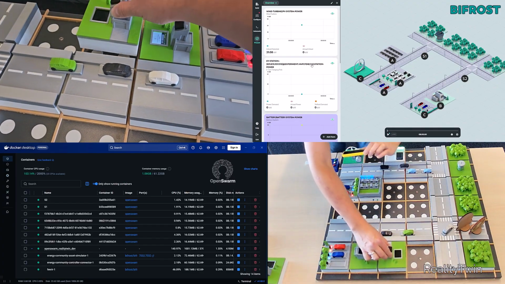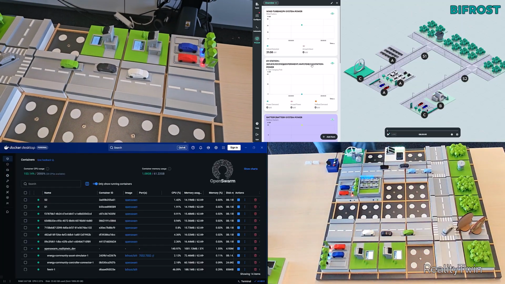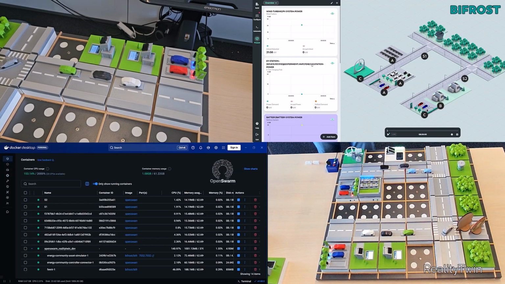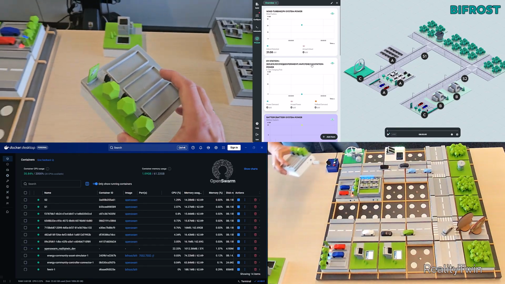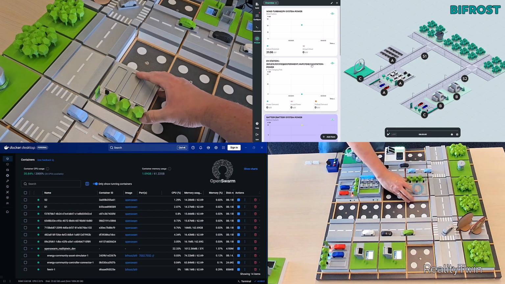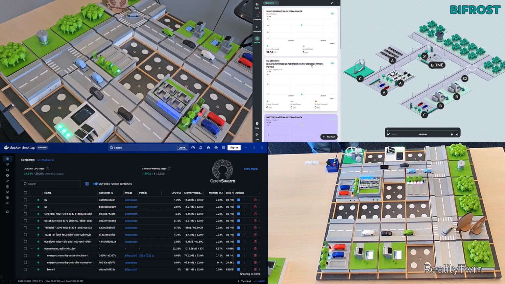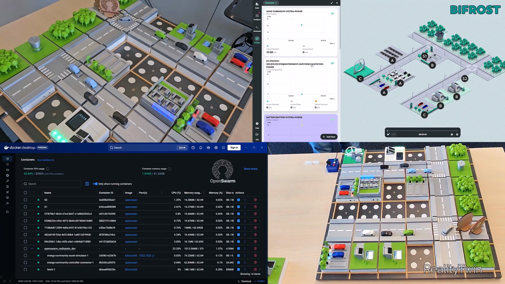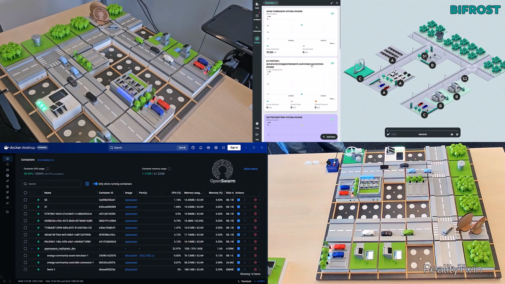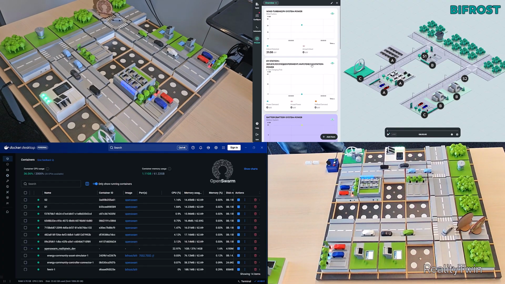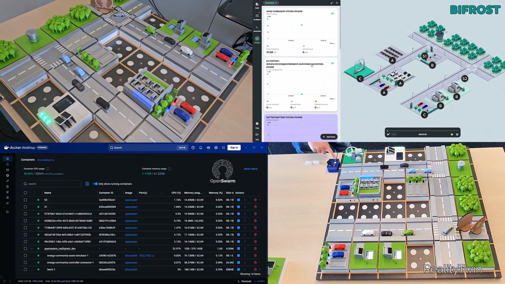Let's add, for example, these two houses and add them to community B. Also add a charging station to community B. So we now have a total of 3 energy communities operating on 2 feeders. Let's start the simulation again.